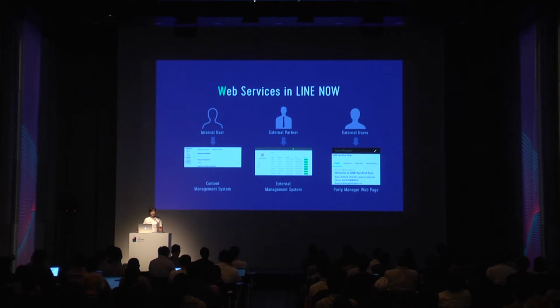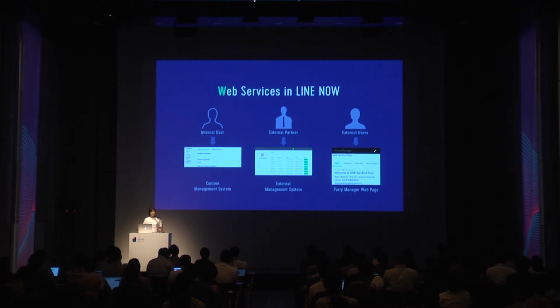For the external partners, there is another system called External Management System, which provides limited functions so that our partners manage their events in the system, such as creating activities of the event. We also provide a web page called Party Manager, which is designed for the event host to manage the activities and control the flow during the event.